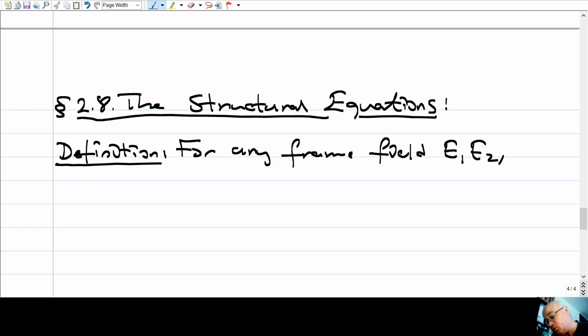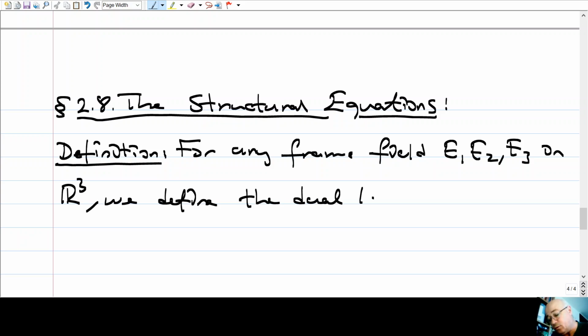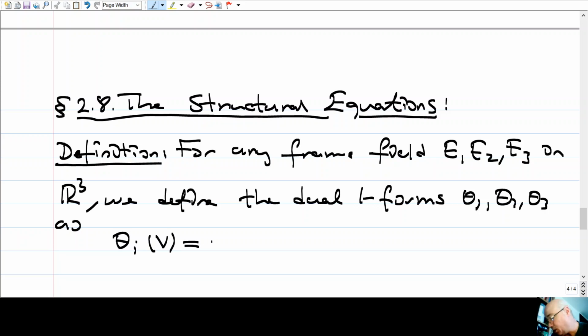All right, now we will define dual one forms for any frame field E1, E2, E3 on R3, we define the dual one forms theta 1, theta 2, theta 3 as the objects theta. So this is a one form, and it is just v dot eip.